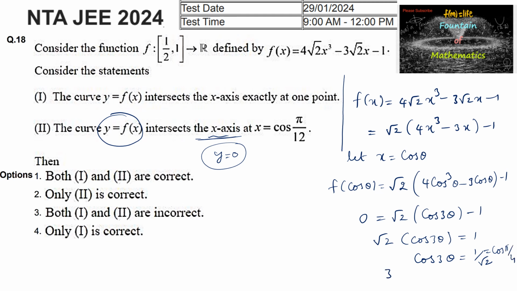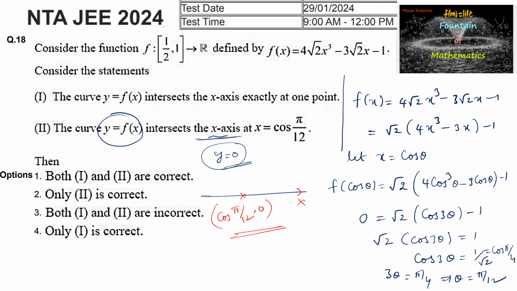Then 3 theta is equal to pi by 4, which implies theta is equal to pi by 12. So at theta is equal to pi by 12, we are getting y is equal to 0. Means the graph cuts the x-axis at the point cos pi by 12, comma 0.